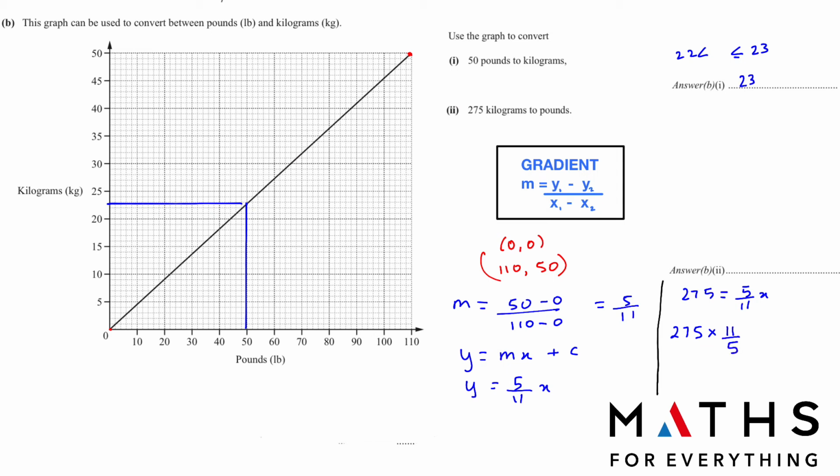Flip it over, 11 over 5, and that will give you 605. So that's our answer. Your range is any number between and including 590 and 620. That will be accepted.